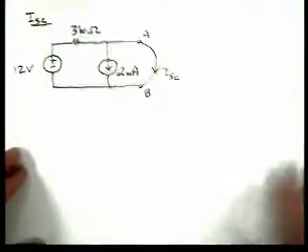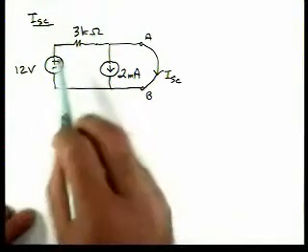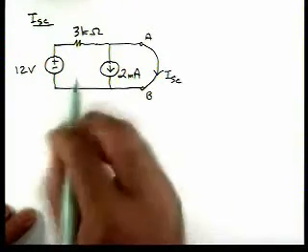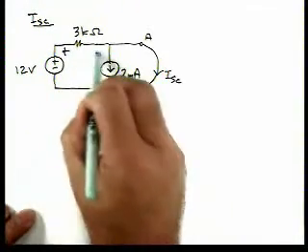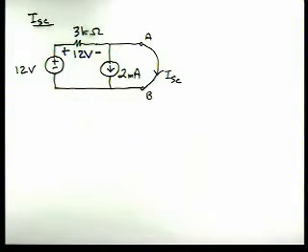So when we break the circuit at that point, notice how simple our circuit becomes now. And you say, well, how's this so easy? Well, let's apply Kirchhoff's voltage law around the outside here. The voltage across this resistor by Kirchhoff's voltage law is 12 volts. It has to be.